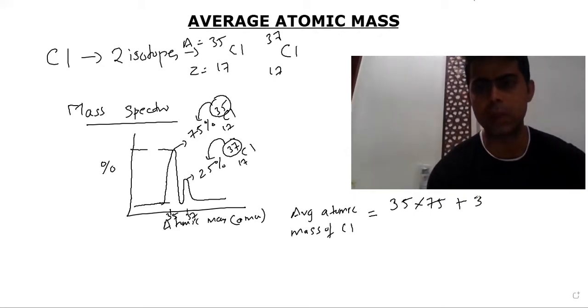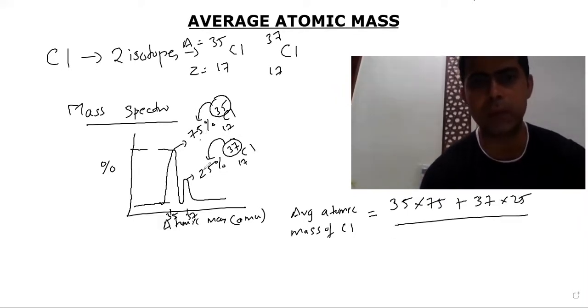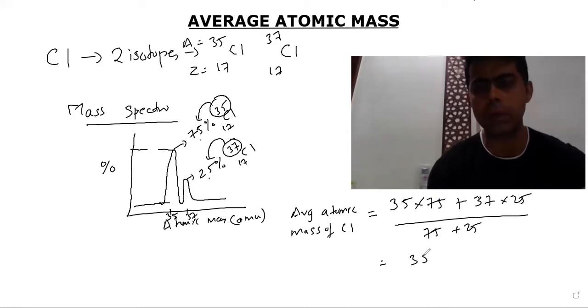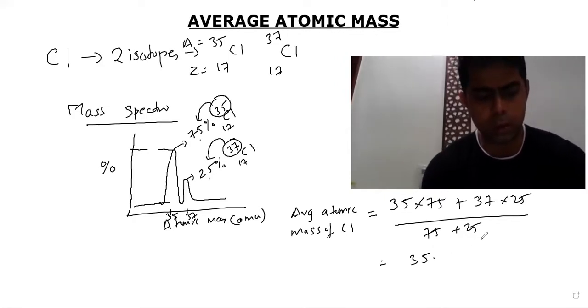So that is 37 into 25 divided by total abundance. So total abundance is 75 plus 25. Now this value comes to around 35.5, approximately equal to 35.5 AMU.